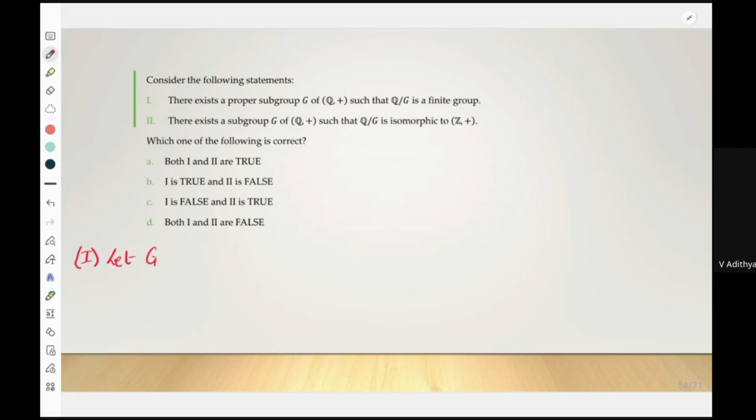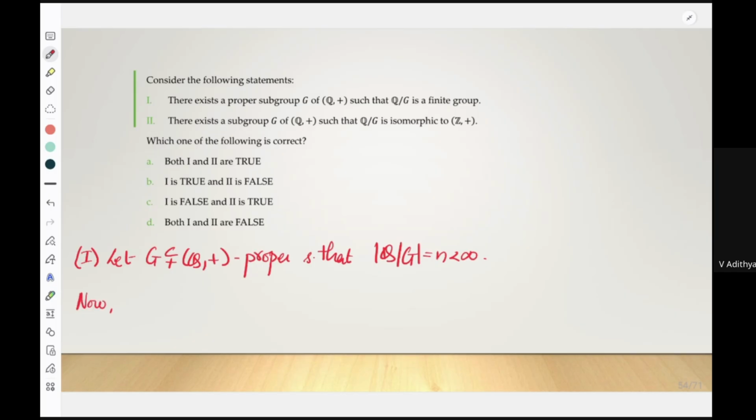Let G be a proper subgroup such that Q mod G is finite. I'll take this order to be n, which is finite.